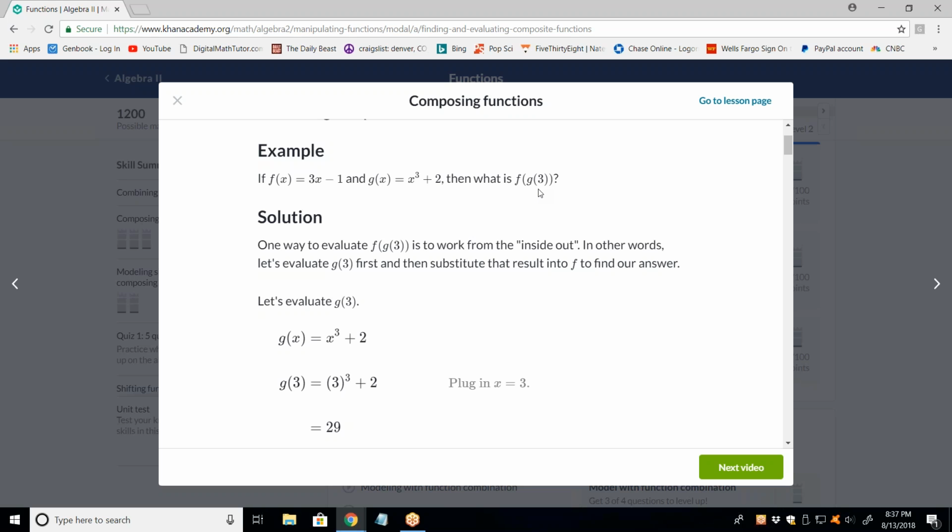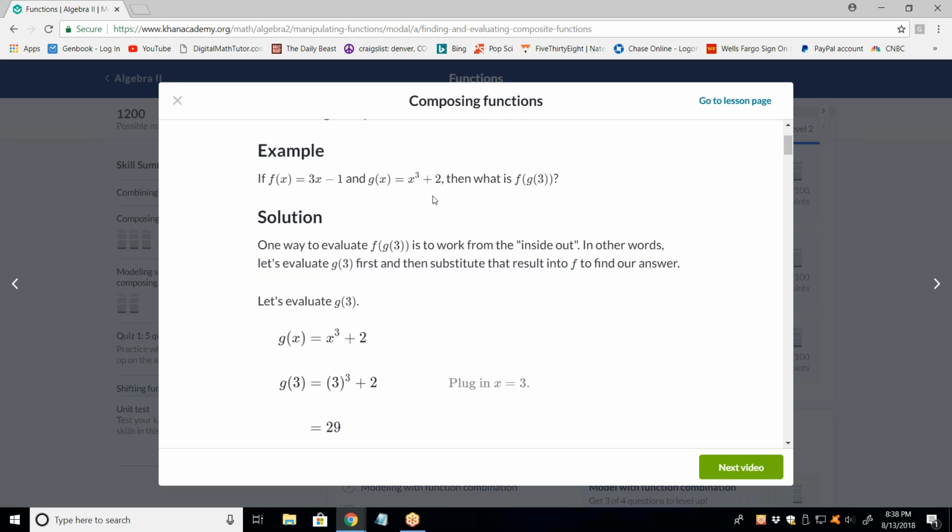Which is, let's see. $27. Plus 2. 29. Okay. So what they're really saying is, what is f of 29, right? In other words, g of 3 is 29.